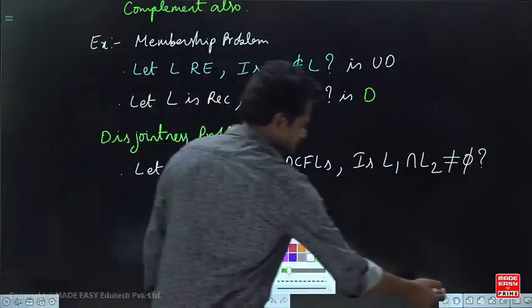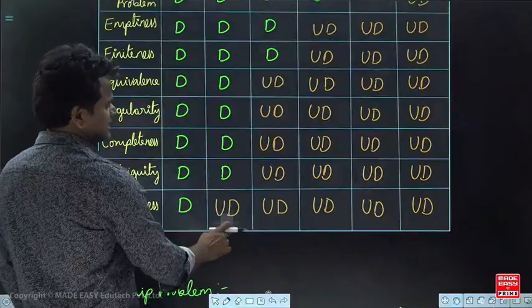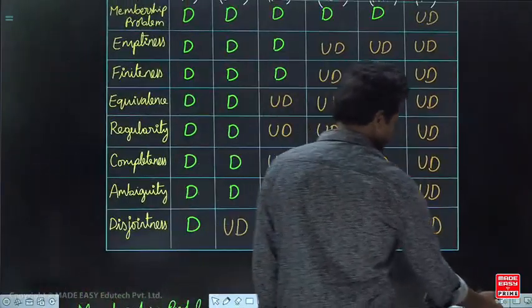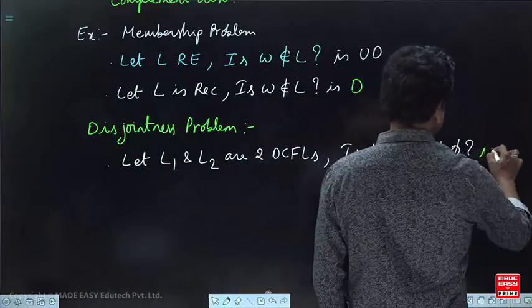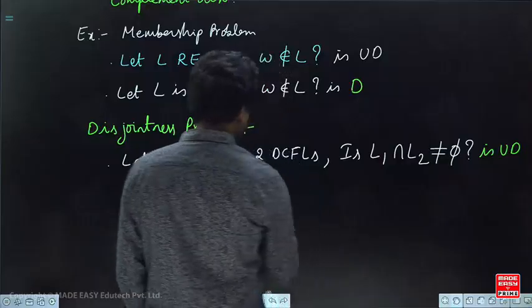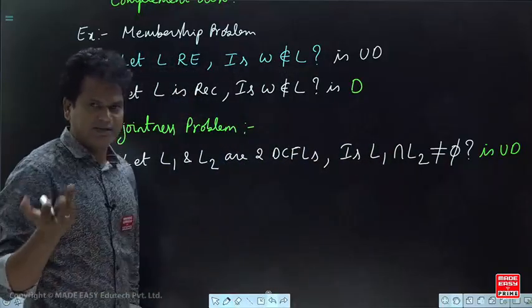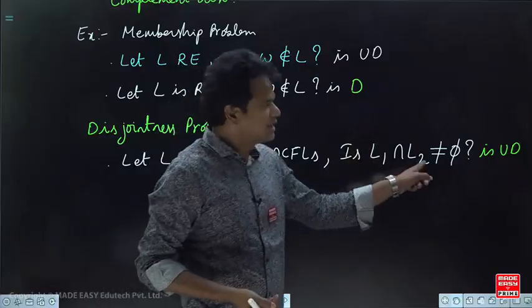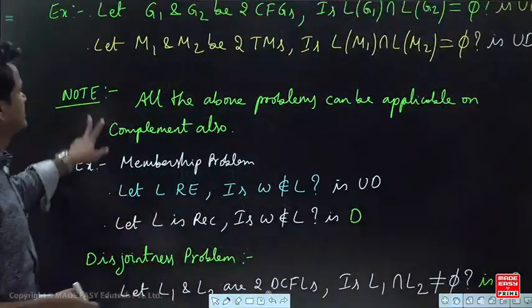The disjointness of DCFL is undecidable. Therefore this is undecidable. If L1 and L2 are two regular languages, then is L1 intersection L2 not equal to empty? Either equal to empty or not equal to empty, both give the same answer.